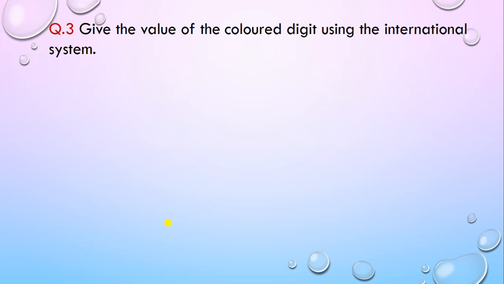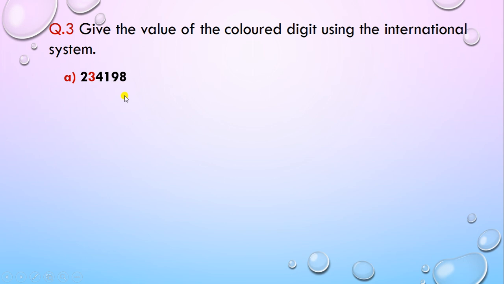Let's see the next question. Give the value of the colored digit using the international system. So our first number is 234,198.